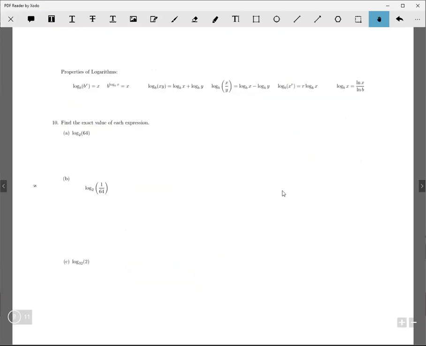Okay, let's go on to number 10. But first of all, there's a bunch of properties of logarithms that we need to go over. These are inverse properties.